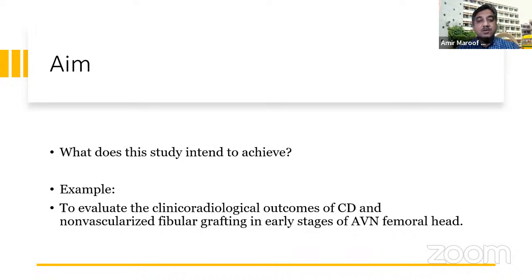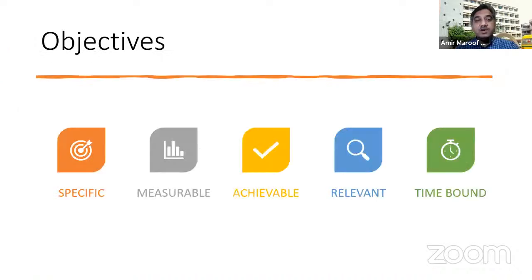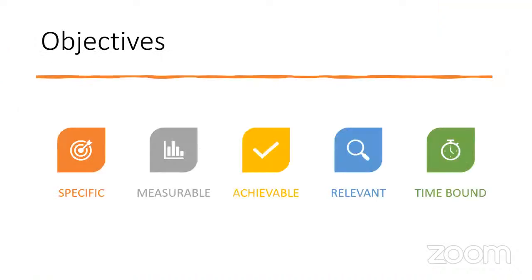So here it is written. I'm giving an example: to evaluate the radiological outcomes of core decompression and non-vascularized grafting in early stages of avascular necrosis of the femoral head. Now this is the aim. This is broad, and when you see the next step, you will understand why I'm saying that this is broad, because it has to be converted into objectives.